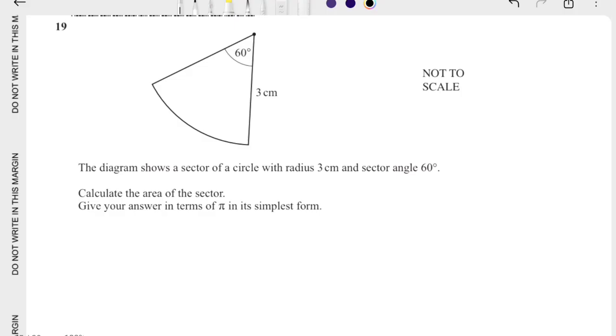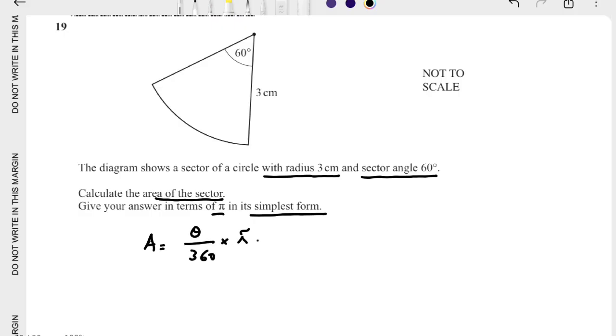The diagram shows a sector of a circle with radius 3 cm and sector angle 60 degrees. Calculate the area of the sector. Give your answer in terms of pi in its simplest form. So the area would be equal to theta over 360 degrees times pi r squared. Theta is 60 degrees upon 360 degrees times pi, we will not replace it as we have to write our answer in terms of pi, and radius is 3, squared.